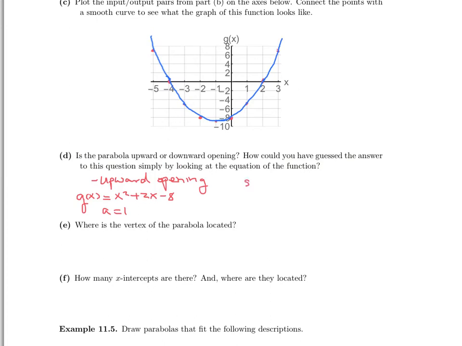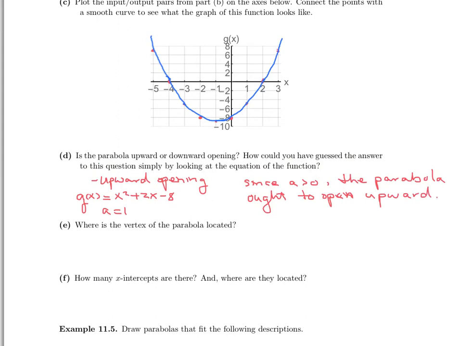So since a is positive here, the parabola ought to open upward.